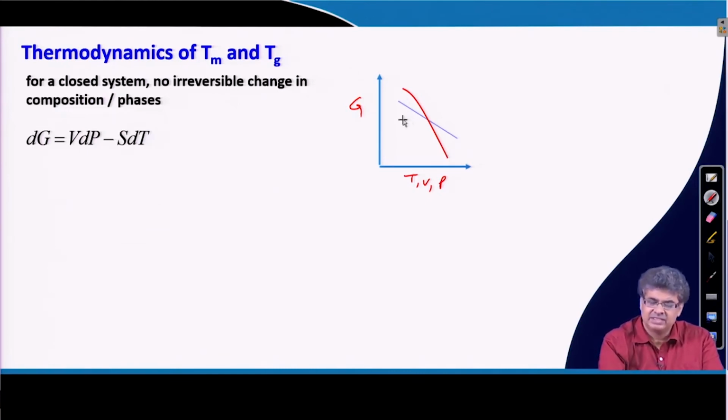If we talk about temperature, with G and T, this side is melt and this side is solid.